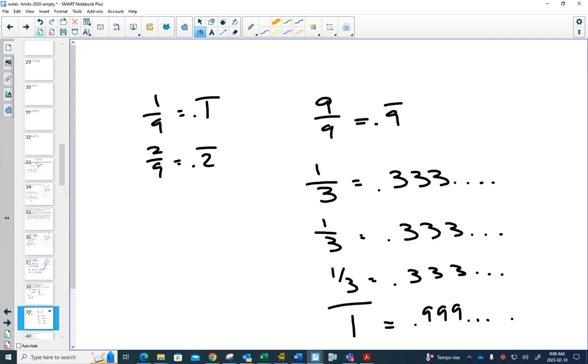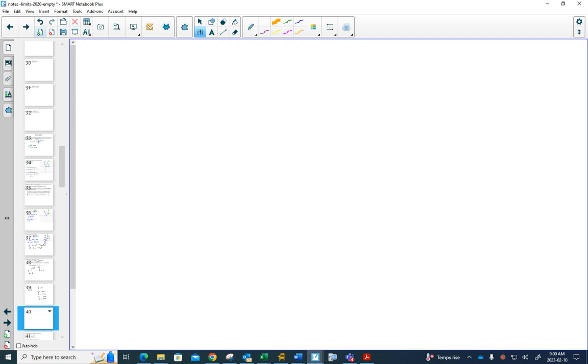And finally, I'm going to do a little proof using algebra. We're going to start off by saying x is equal to 0.9 repeated. And since this is equal to each other, I could multiply both sides by 10.